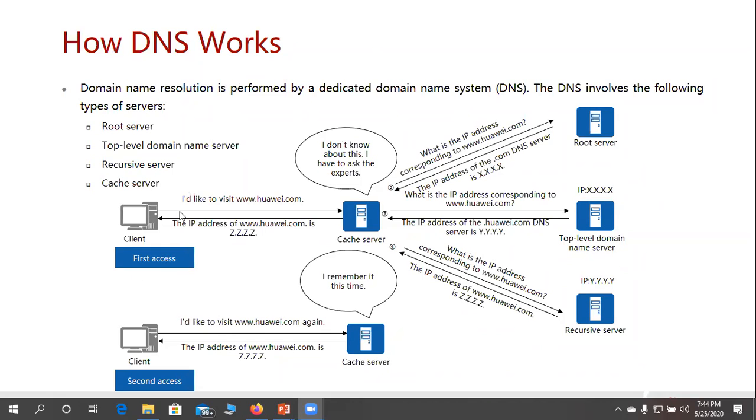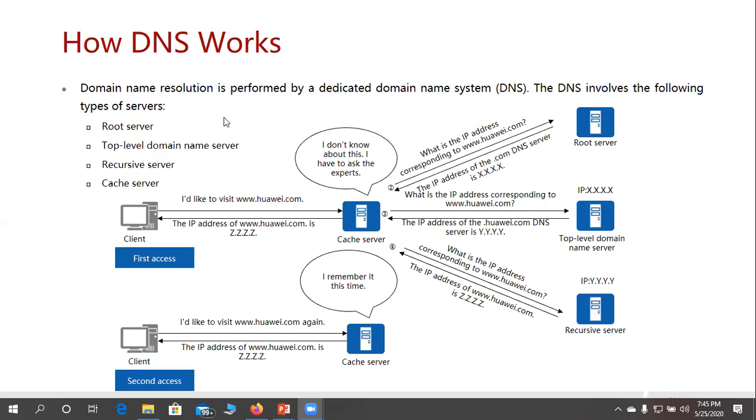Okay, so this is the client. If the client is communicating to this particular server for the first time, it goes to the root server. But before that, the client also has to check in the cache server, because this is where it keeps previous information, that is the domains that this client has visited.